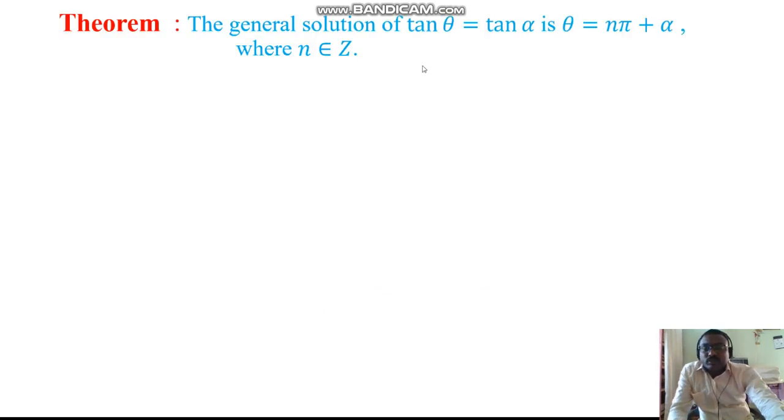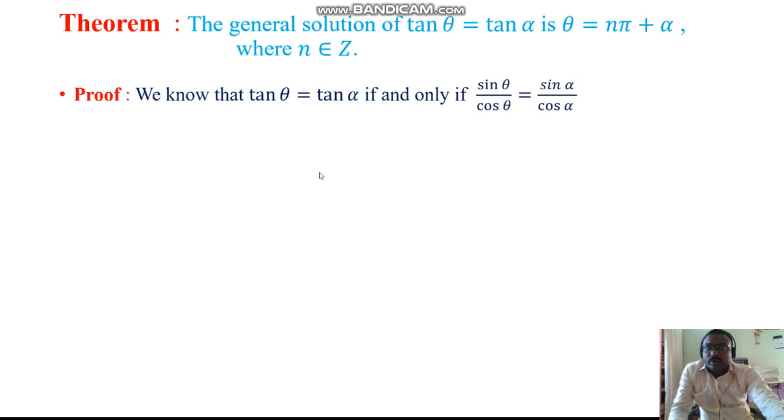Now the general solution of tan theta is equal to tan alpha is theta is equal to n pi plus alpha.